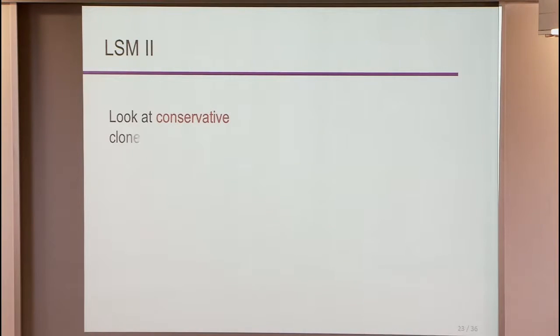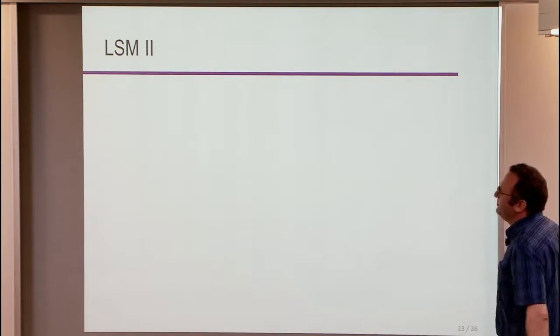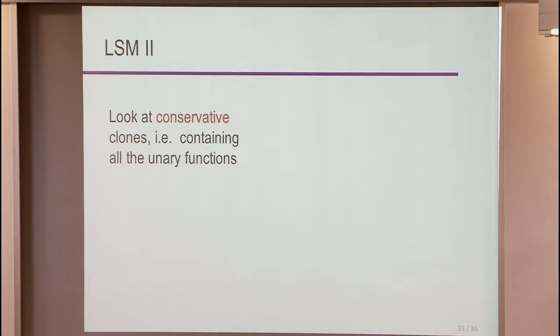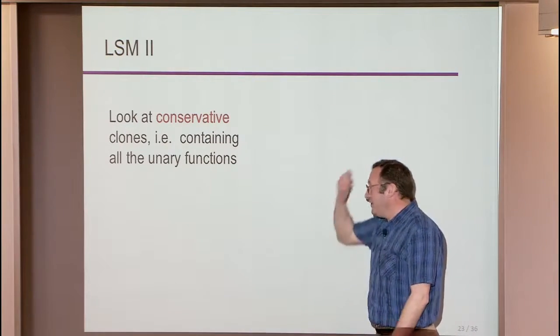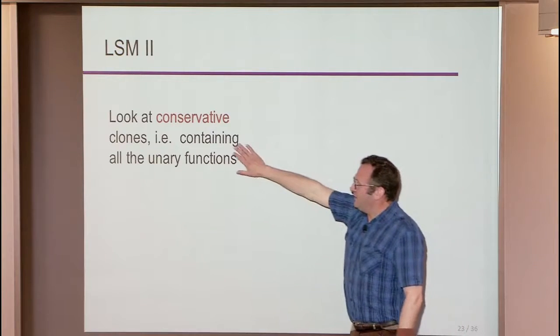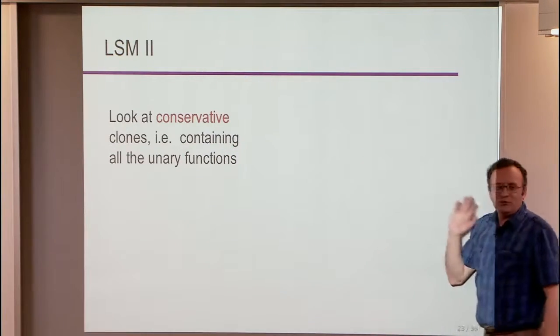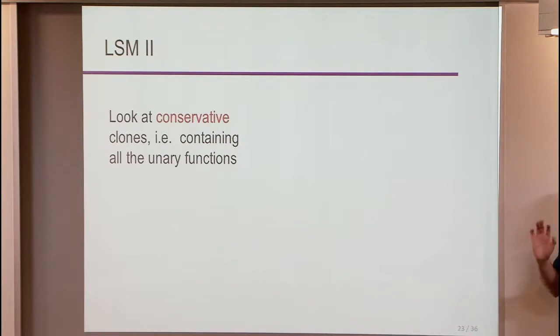Another reason why LSM is important: if you look at the conservative clones, and again, we have heard about conservative problems in this workshop already, that is those clones that contain all unary functions.